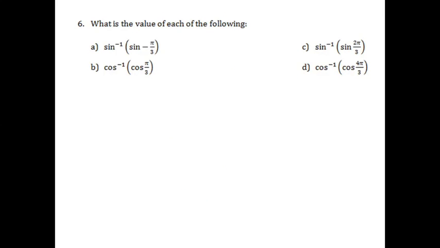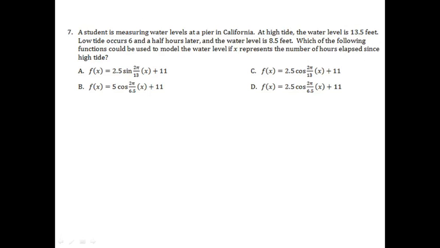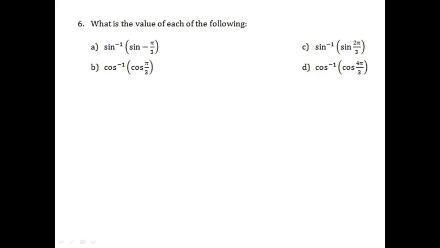In question number 6, what is the value of each of the following? And then we see some inverse trig functions here. The thing to remember about the inverse trig functions: for inverse sine of x, the output, or the range, has to be between negative pi over 2 and pi over 2.